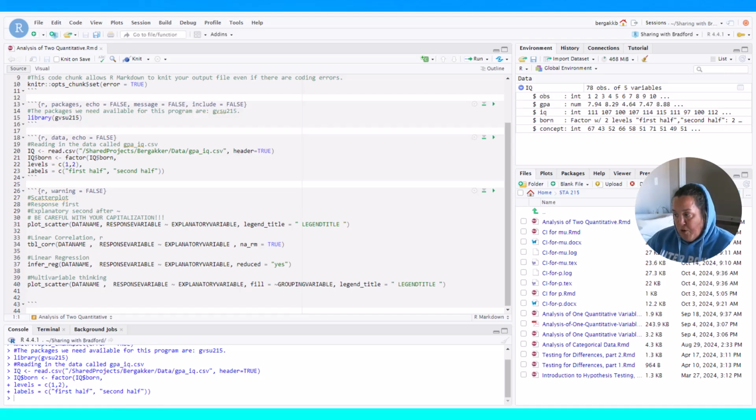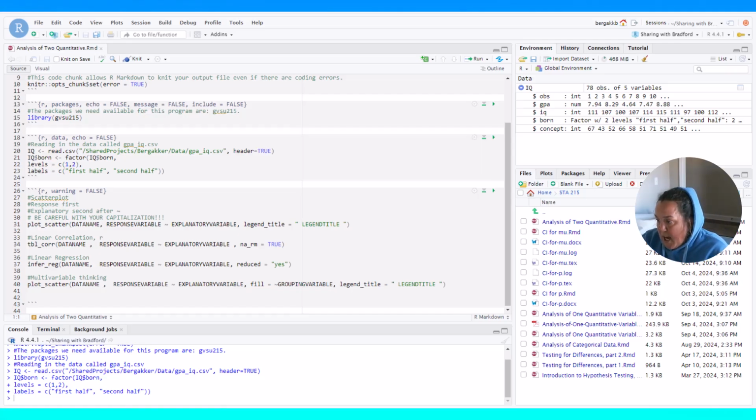All right, so if you don't have your Word document open, I would recommend that you do that. And what we're looking for today is to see if people who have a higher IQ would have a higher GPA. So we have to decide on what the explanatory variable is and what the response variable is.